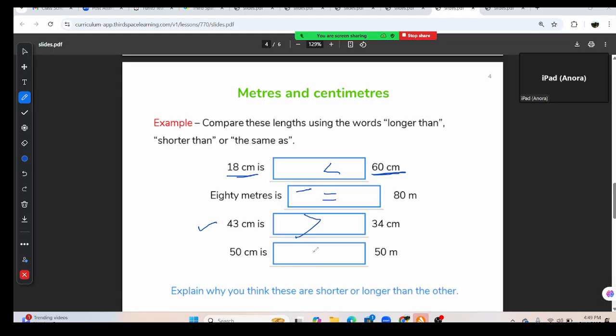Shorter than. 50 centimeters is, yes, because 50 meters has how many centimeters? 5000. Very good, 5000 centimeters. Perfect.